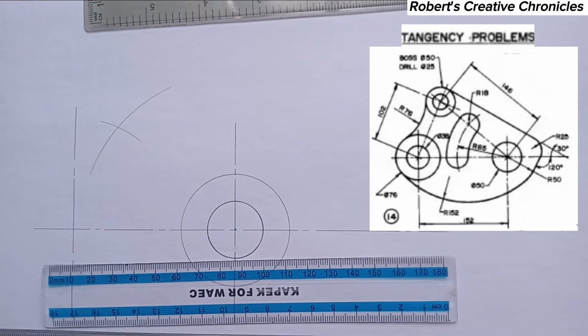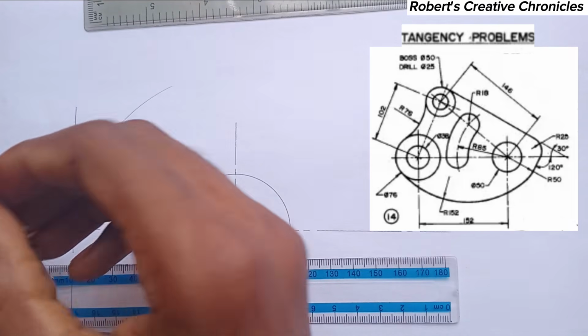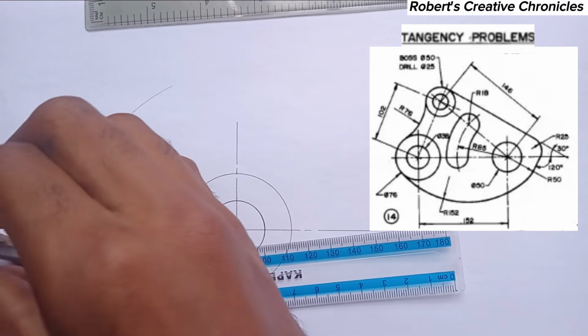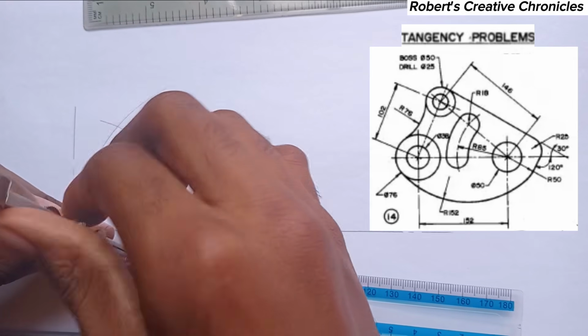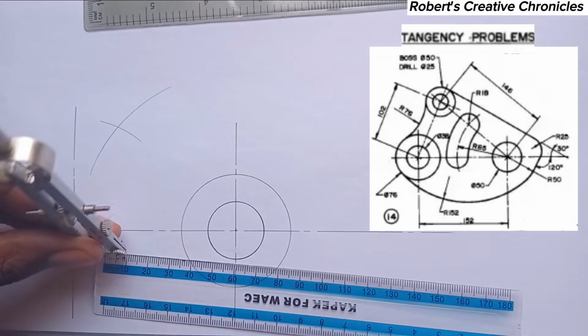The first circle is what? The diameter is 38. So since the diameter now is 19, half of 19 is what? 9.5. So here is 9.5.